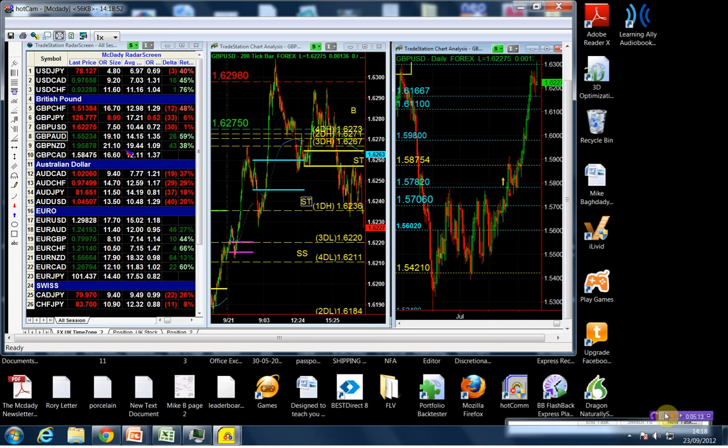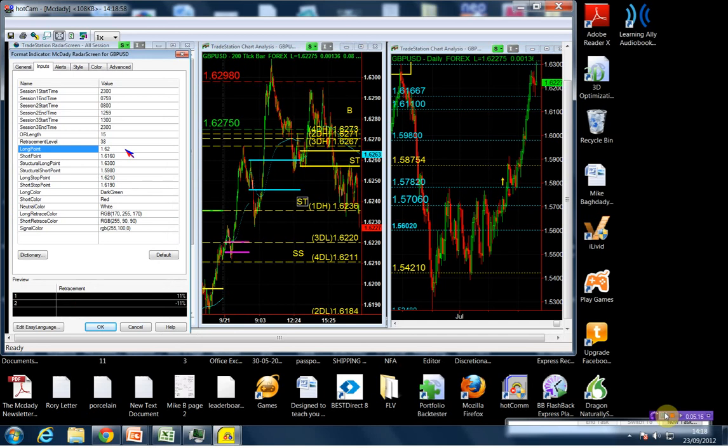So let's do it. We're going to buy above 162.80. My structured long point is the 163 or the 162.98. And my stop is going to be 162.60, which is right there. On the short side, I'm going to go short below 162.20.